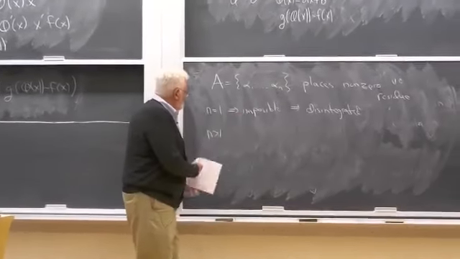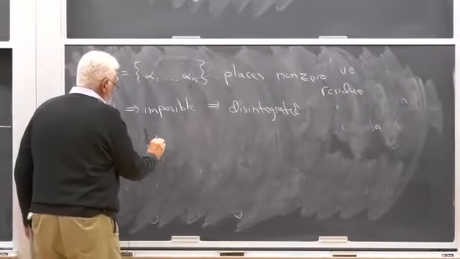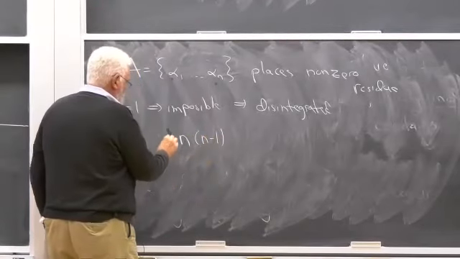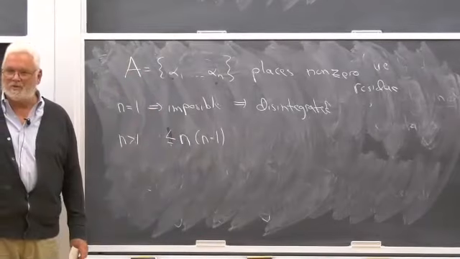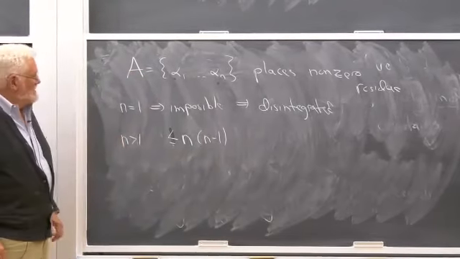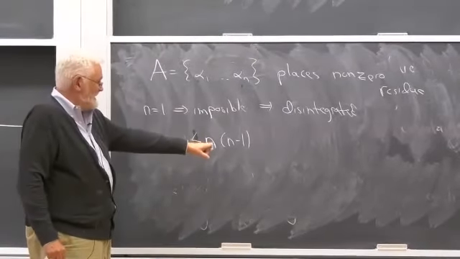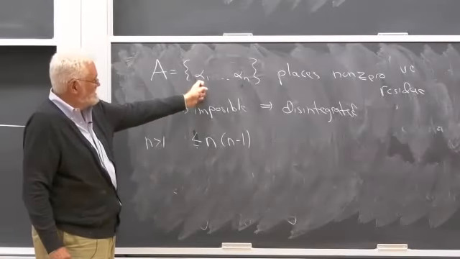So there are n choices for where to send alpha 1, n minus 1 choices for where to send alpha 2, and then once I've done that, I'll know the whole permutation. So there are going to be at most n times n minus 1 affine functions that permute these things.